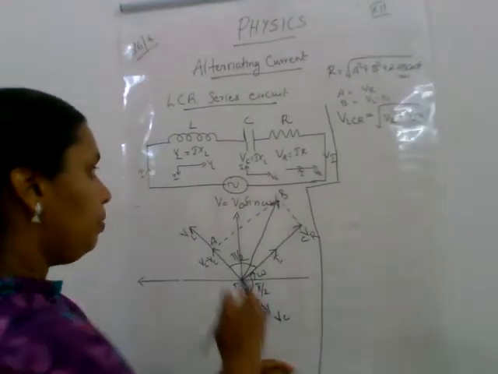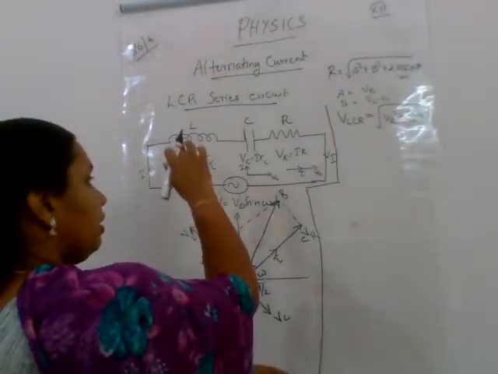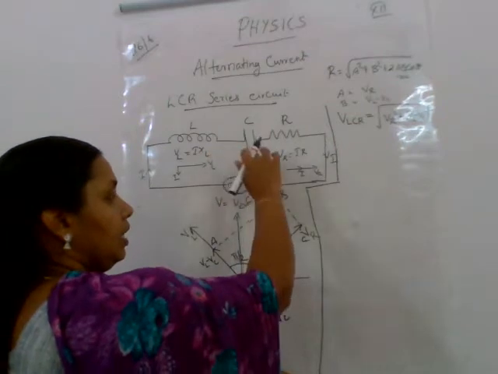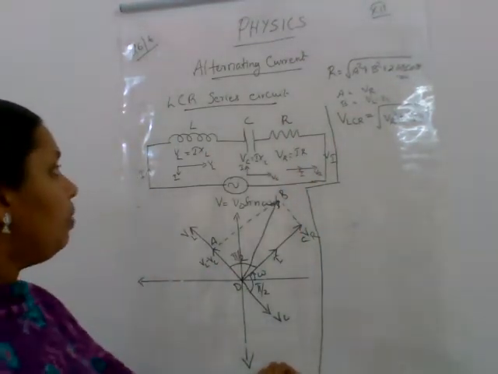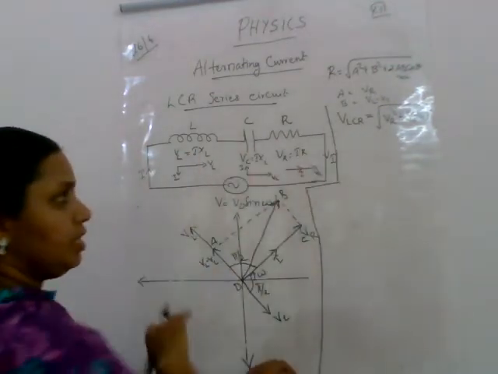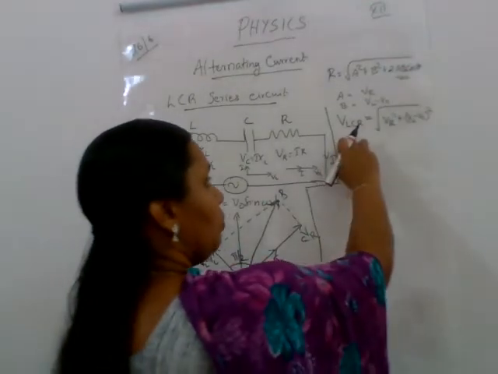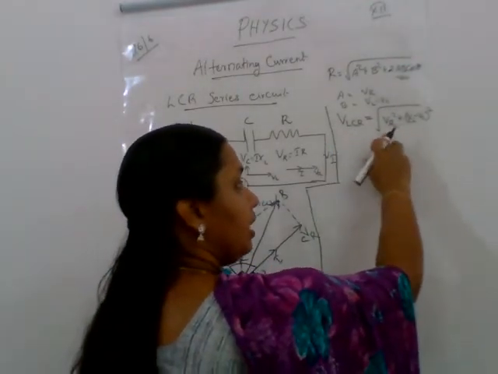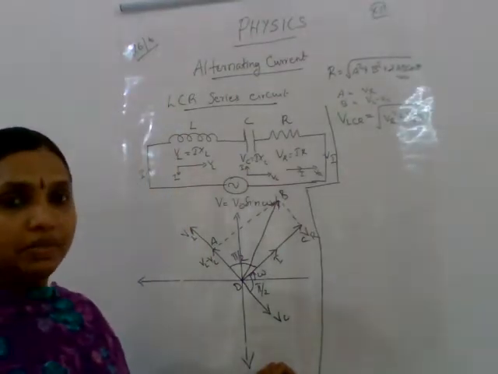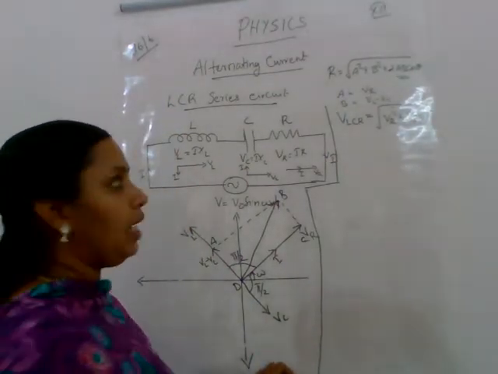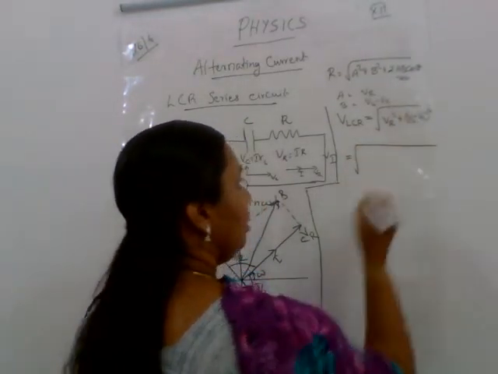Here we are applying a potential of V equal to V0 sin omega t, and there is a potential difference across the inductor, capacitor and resistor. Then what is the resultant potential difference? It is AC. The resultant potential difference is equal to VLCR, which is equal to root of VR square plus VL minus VC the whole square. Then we can substitute for VR, VL and VC.